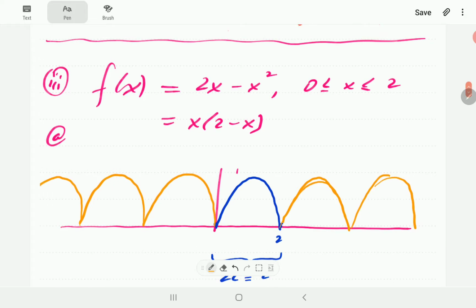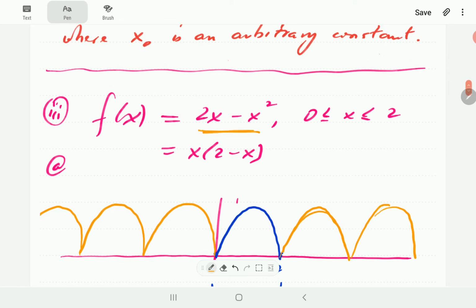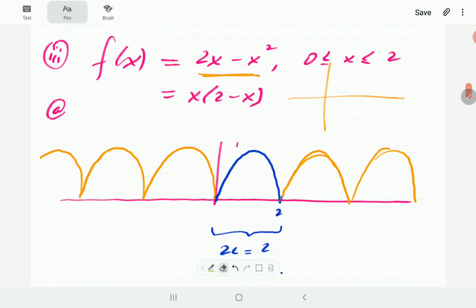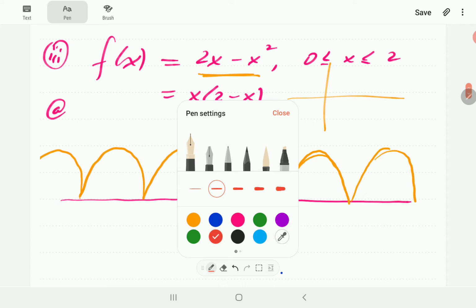Notice that this doesn't mean that f is even on its own. This function on its own is neither even nor odd, because it's going to look something like this.